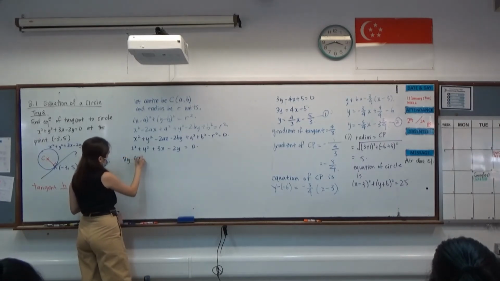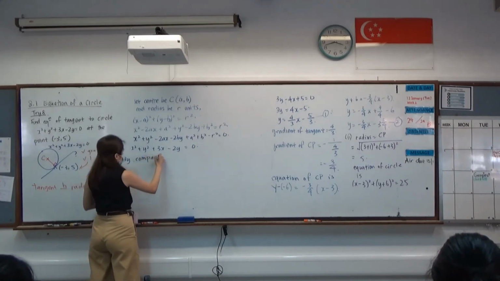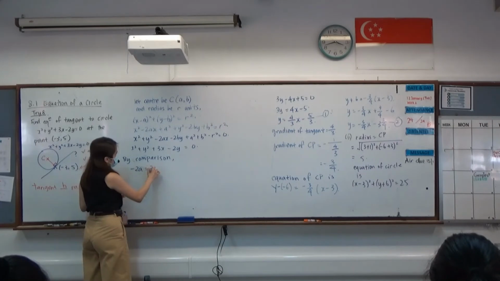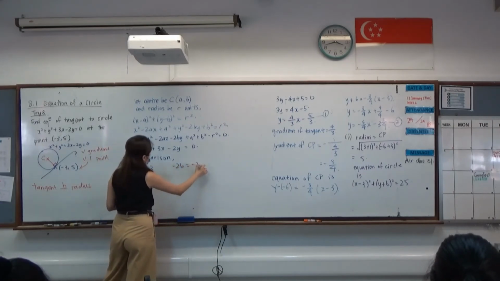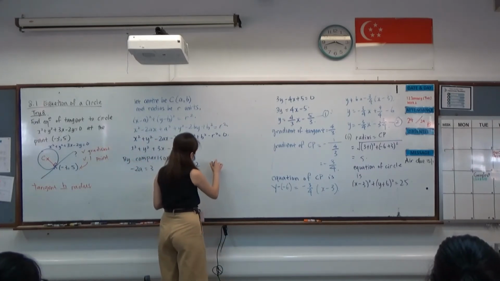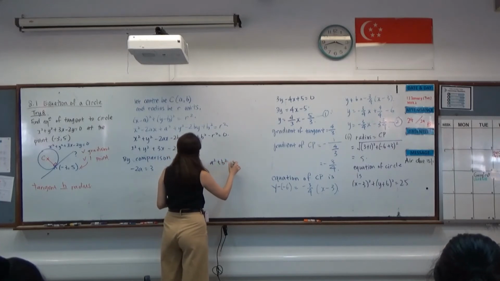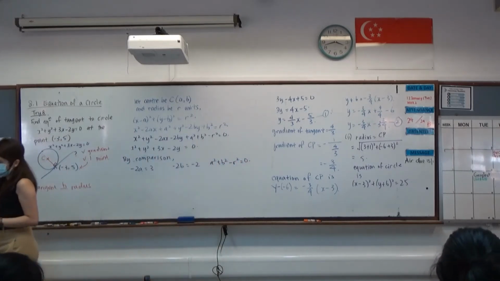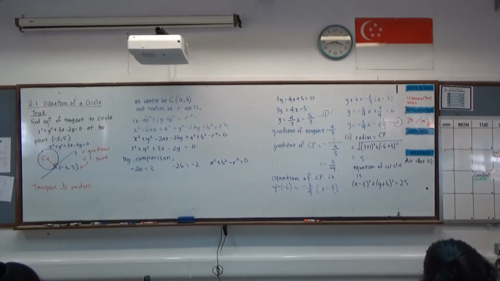By comparison, we see negative 2a is 3, negative 2b is negative 2, and then a squared plus b squared minus r squared is 0. In this question, do we need the radius actually?